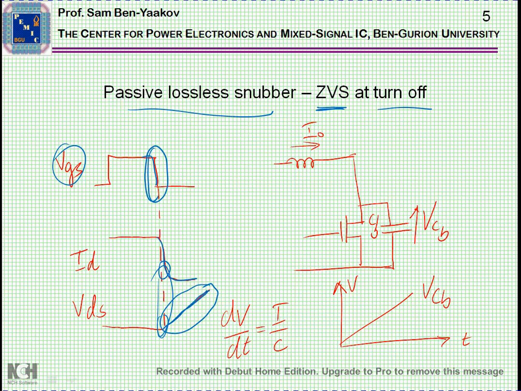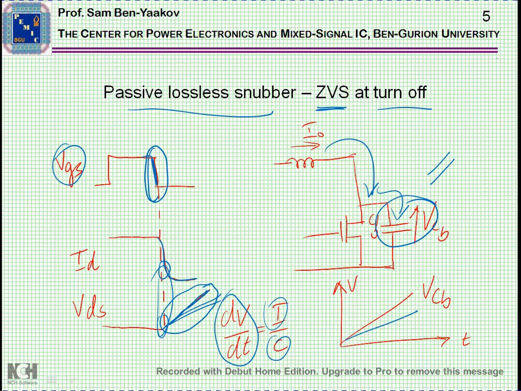The concept is to add sort of a capacitor here. So as the transistor is turned off, this current is charging the capacitor, and the rate of rise of the voltage is I over C. So the larger the C, the slower will be the slope here.